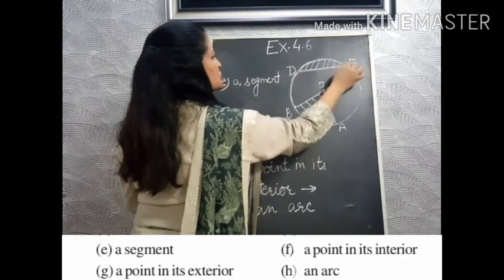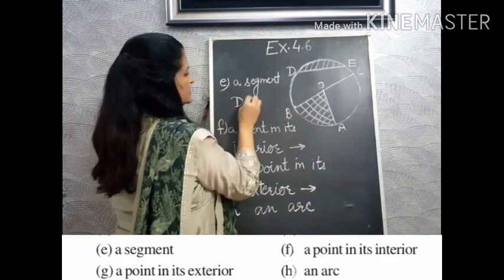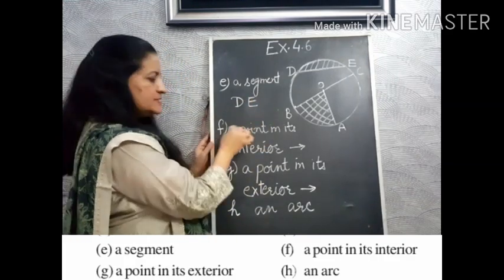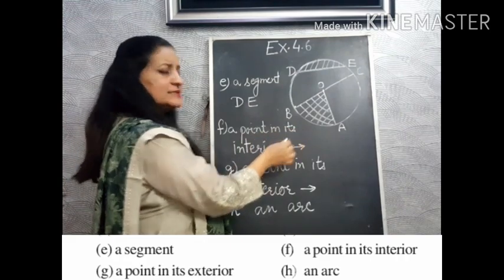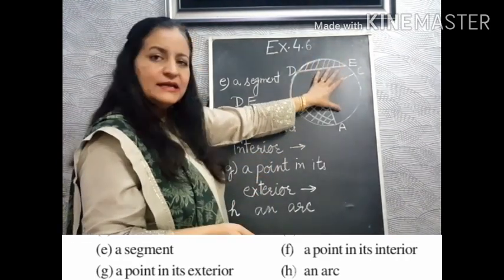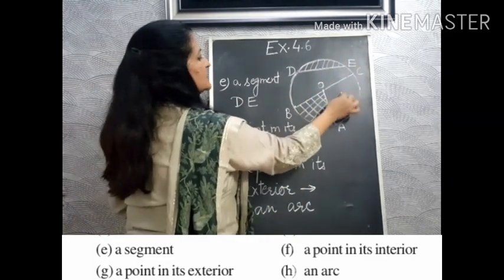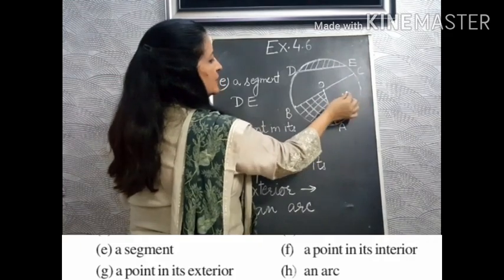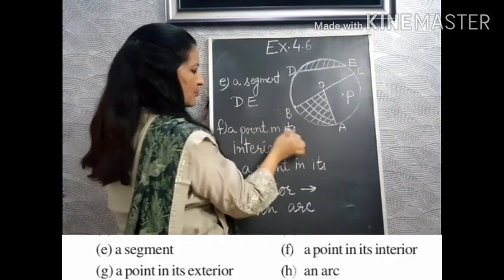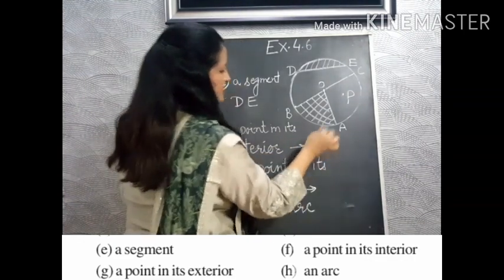So this portion is a segment, that is DE. Now F point is a point in its interior. So what is interior? It is inside the circle, anywhere inside this circle. We are marking a point and let us name it P. So a point in the interior of the circle is P.